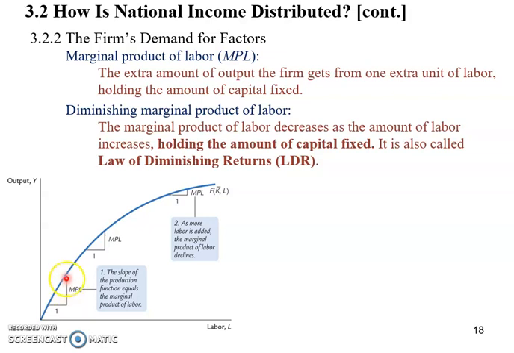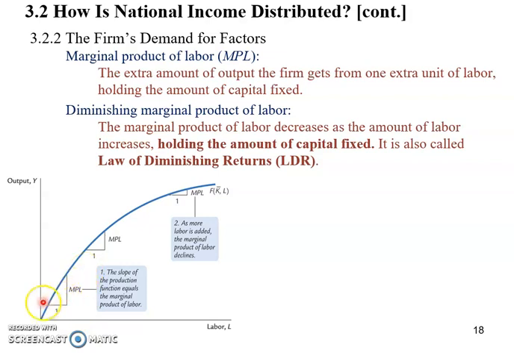So the vertical distance becomes the MPL, or becomes the slope, because the slope equals the vertical distance divided by the horizontal. The horizontal equals 1, so the slope is just the vertical distance.